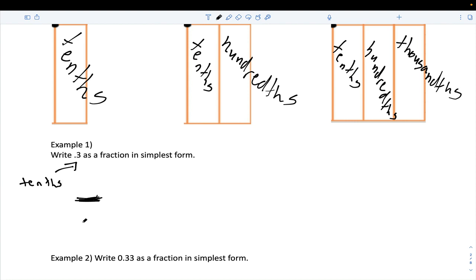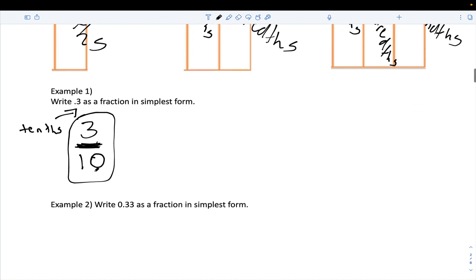Because it's in the tenths place, I'm going to put the denominator as a 10. This decimal, 0.3, is now equal to 3/10. That's your fraction, and that is your answer. You ask yourself if you can simplify 3/10. 3 won't divide evenly by 10, so we stop and circle it.